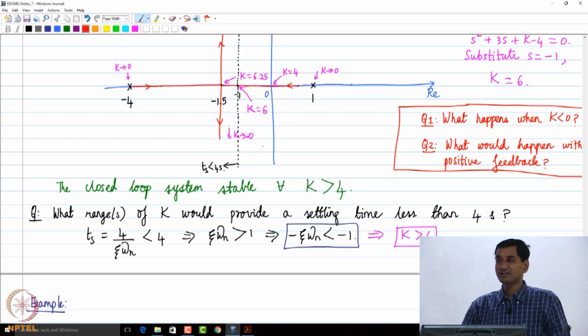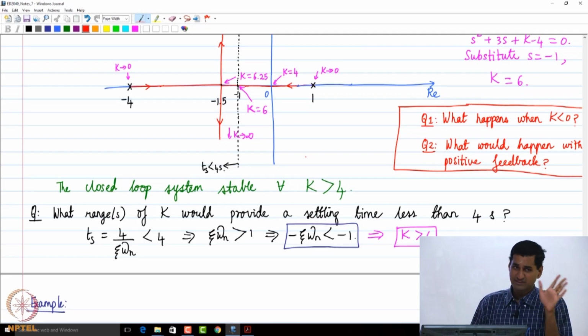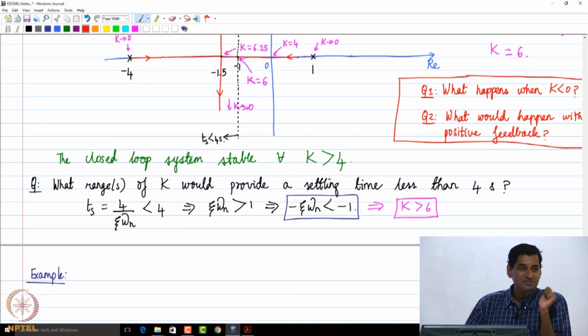Please think about it. Why would the root locus steps change with positive feedback? Because the closed loop characteristic equation is now 1 minus G(s)H(s) equals 0, right? We did everything considering 1 plus G(s)H(s) equals 0. Then the magnitude condition will remain the same, but the angle condition will change, right? So you think about what changes would occur.